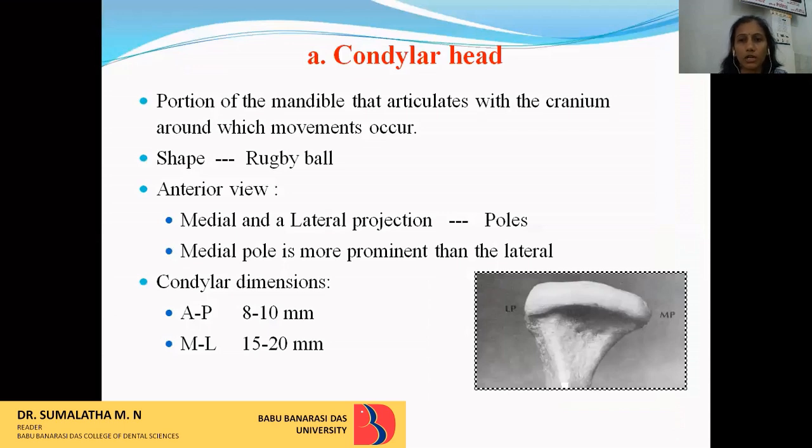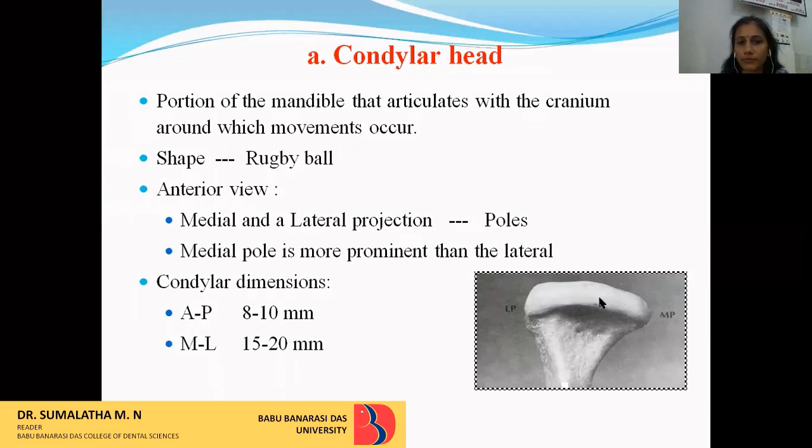Coming to the bony components of the temporomandibular joint, the first bony component is the condylar head. The condylar head is that portion of the mandible that articulates with the cranium, around which the movements will occur. The shape of this condylar head is like a rugby ball.